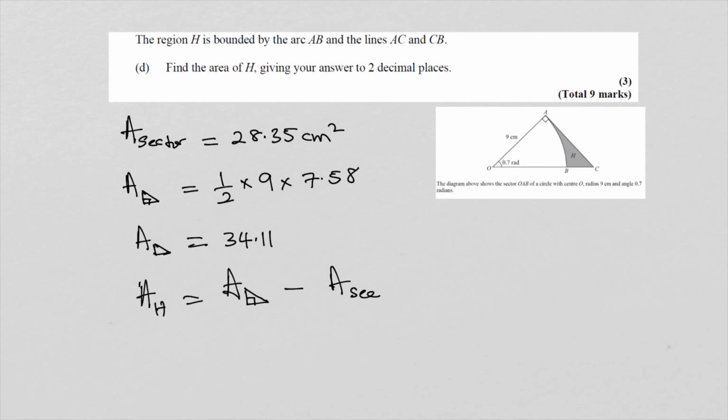The area of this right angle triangle is 34.11 minus 28.35, and that should give 5.76 centimeters squared. So that would be the area of H, the shaded part here. And so that's the answer we are looking for.